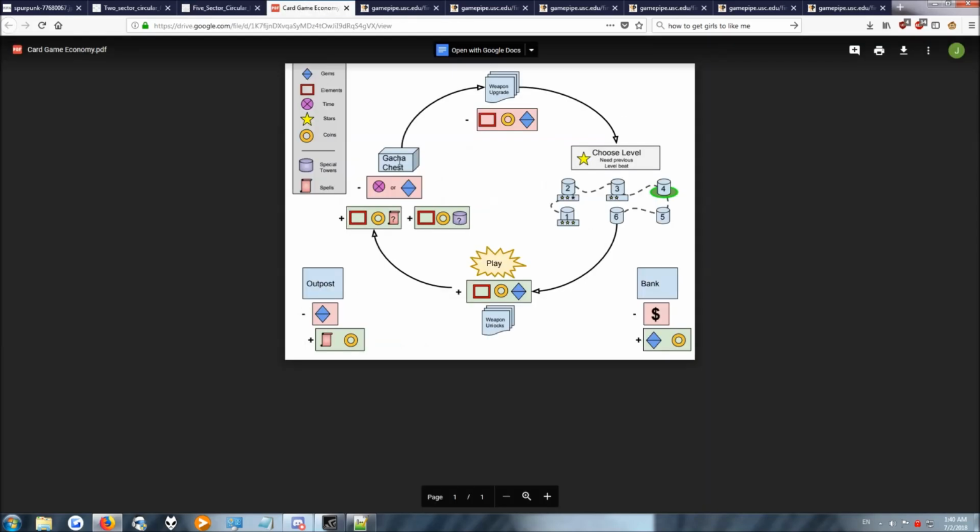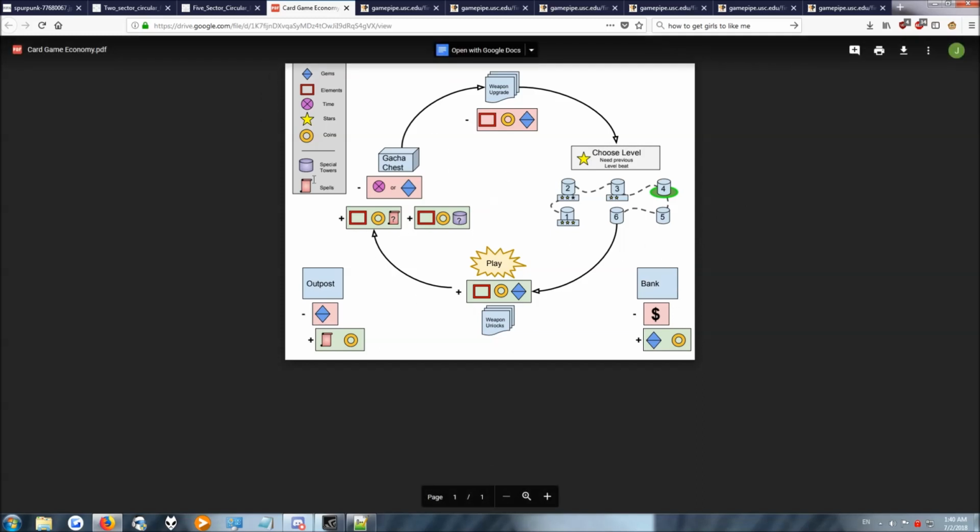So this is the basic diagram that we used when planning out and creating our Machinations model. We based our plans on this diagram, just to give us a big picture of what the economy is, what the resources are, and how those resources are supposed to flow through the economy.